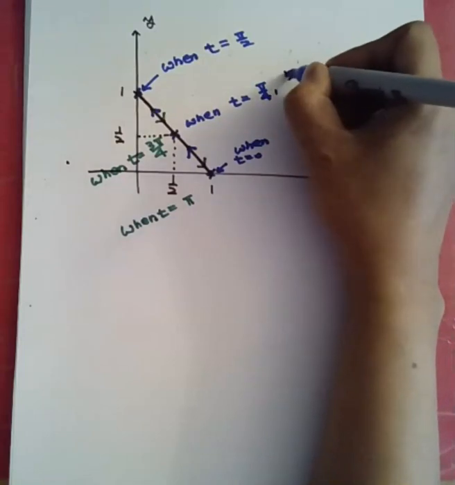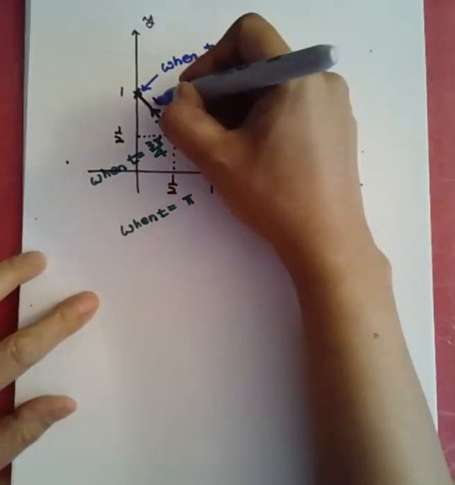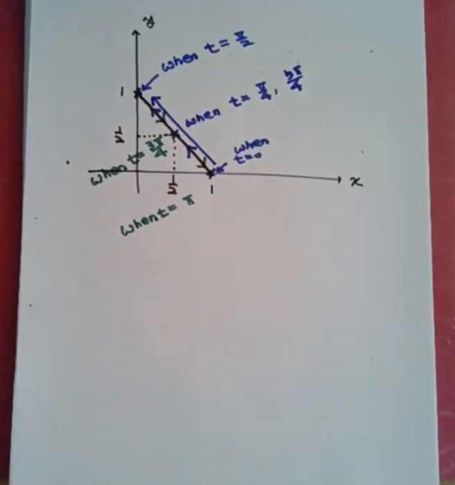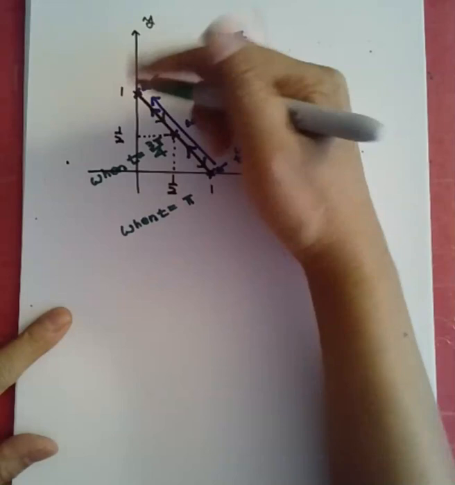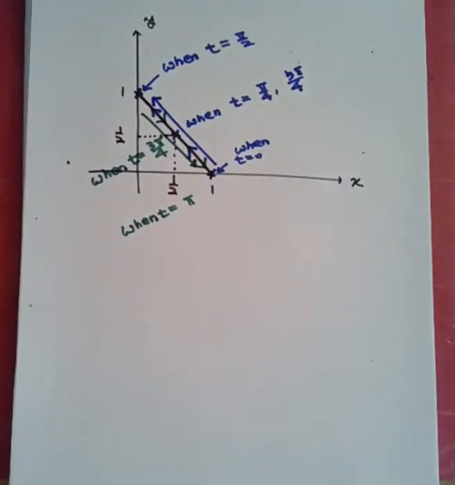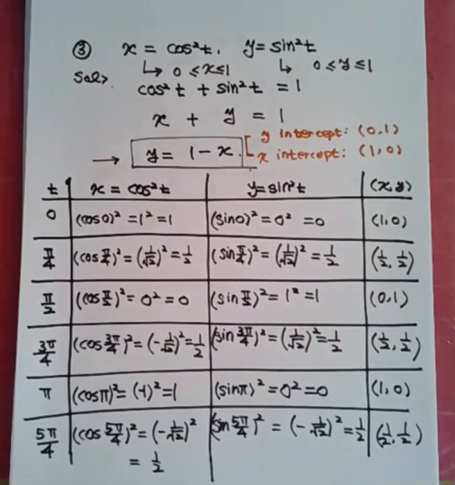So what we can imagine is the point will oscillate between this direction and this direction forever. That is the parametric equations curve when x equals cosine squared of t and y equals sine squared of t.